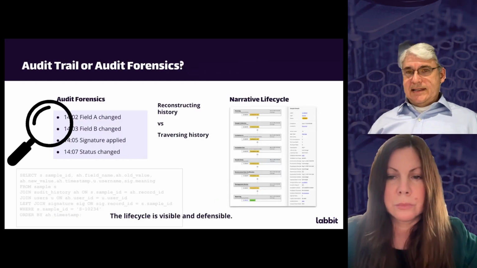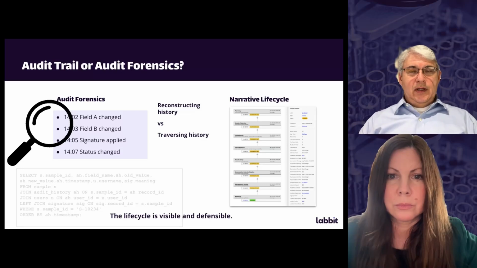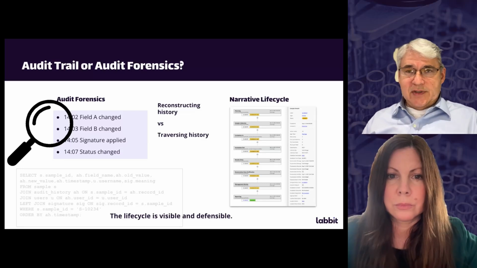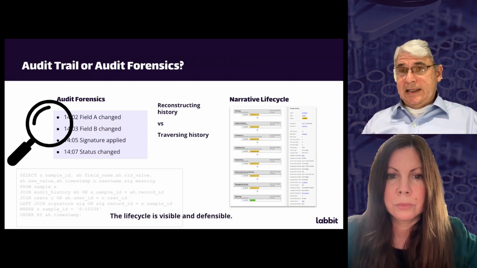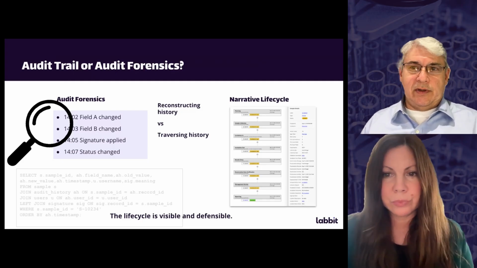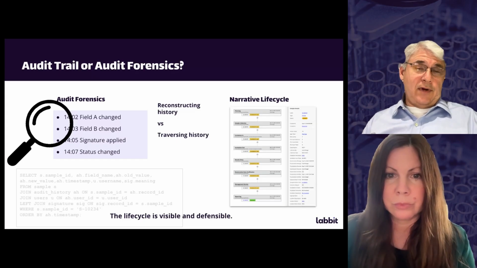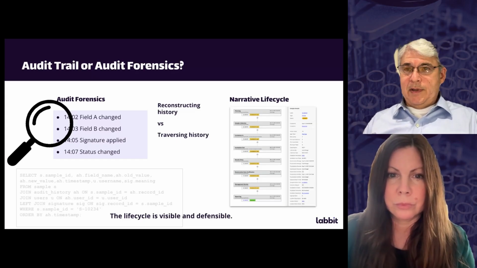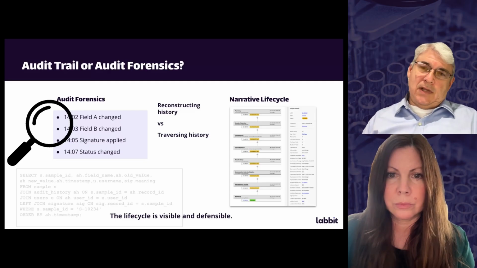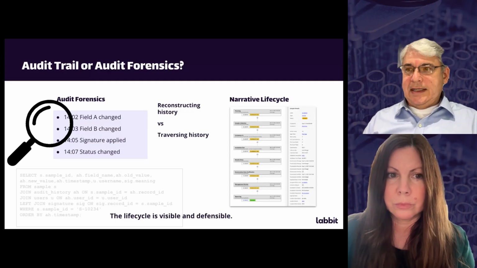And that, in essence, is the core difference that we're talking about here in this webinar versus a relational model. In a relational model, systems generally do a great job of logging events and putting them in an audit table or something similar to that. You can probably reconstruct what happened in the life cycle by looking at the values in the audit table. And on the left-hand side, that's what we're trying to indicate there.